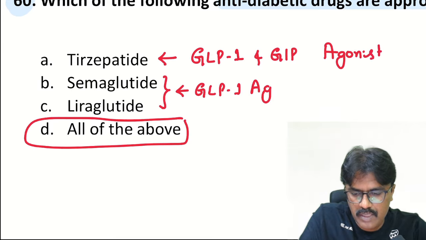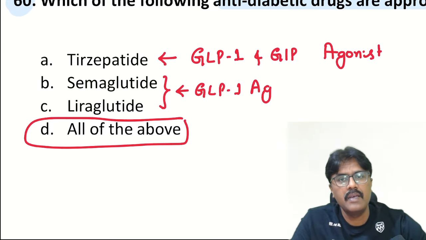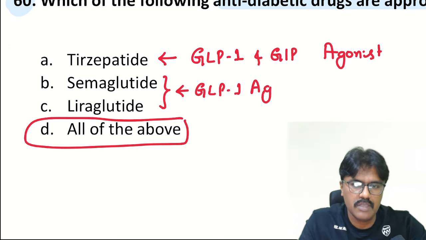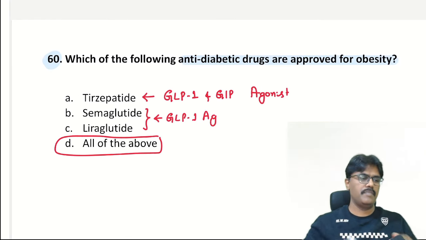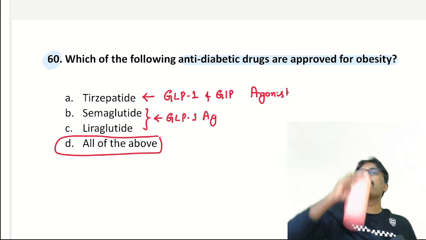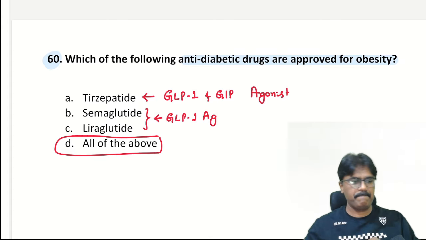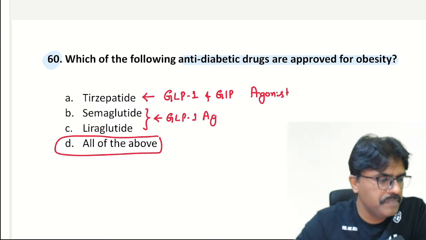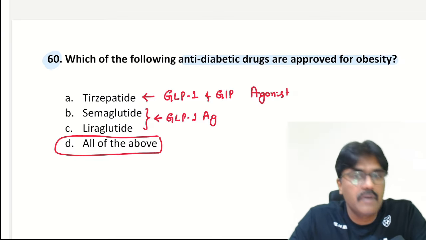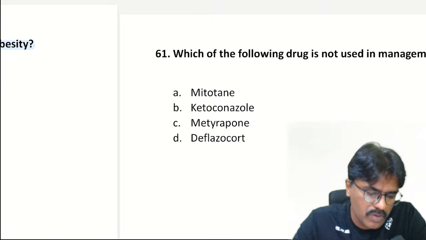So all these three are approved for obesity, and obesity is a hot topic, so questions come from that. Please study that. Okay. Let us move on to the next question.